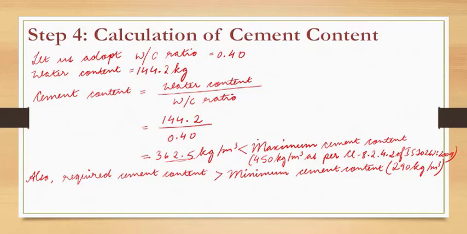So after doing these two checks, that it is less than the maximum cement content and greater than the minimum cement content, we can write hence okay. So this is how we complete step 4.